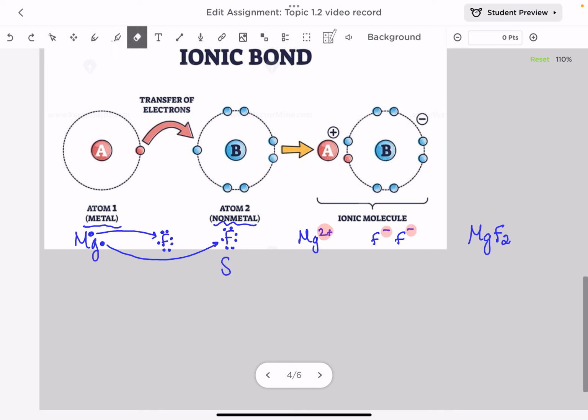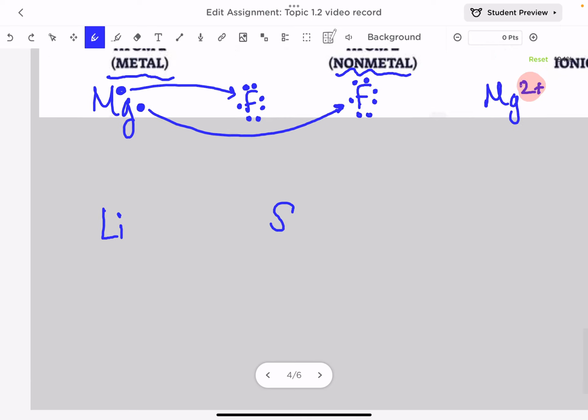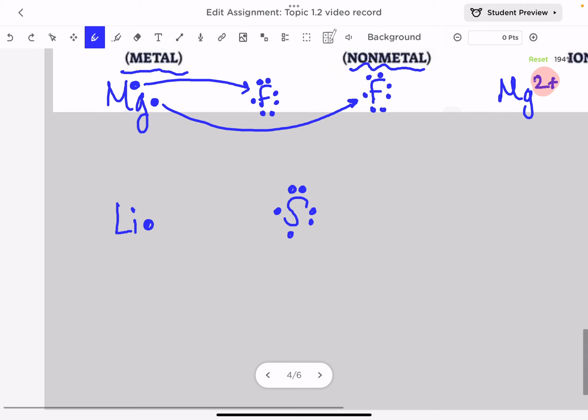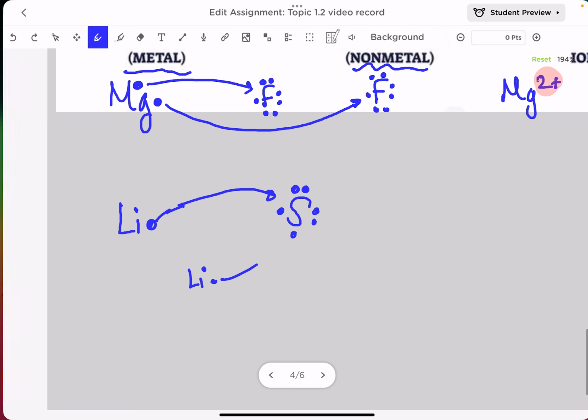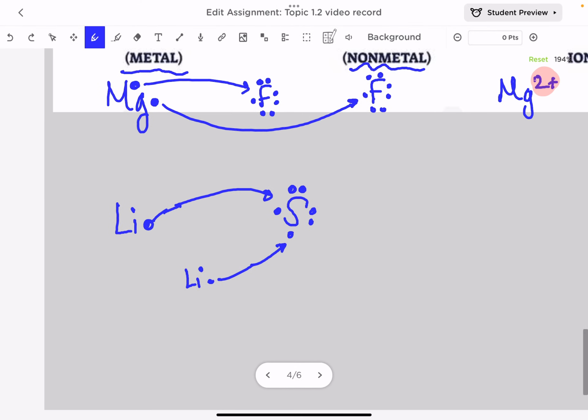Now let's look at the second example, lithium and sulfur. Lithium belongs to group 1, it's a metal, it is going to lose 1 electron, while sulfur belongs to group 16 and it should gain 2 electrons. So first, a lithium atom will transfer an electron to sulfur, and then another lithium atom will transfer another electron to sulfur.